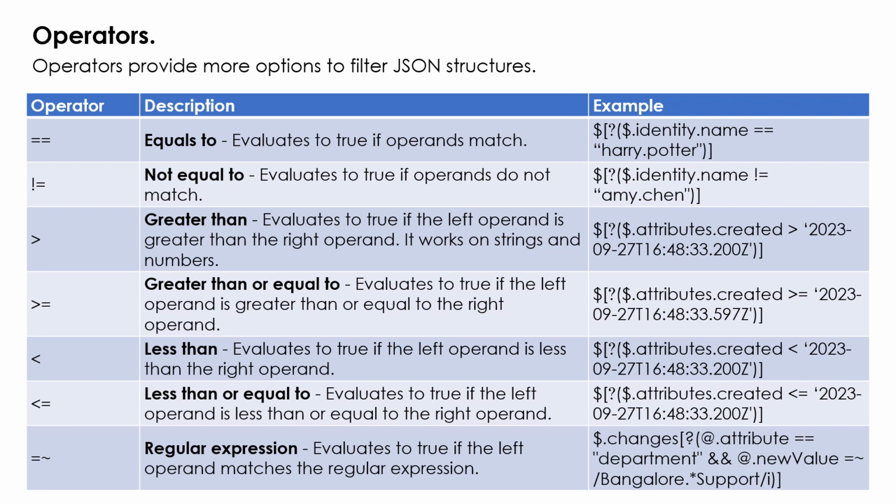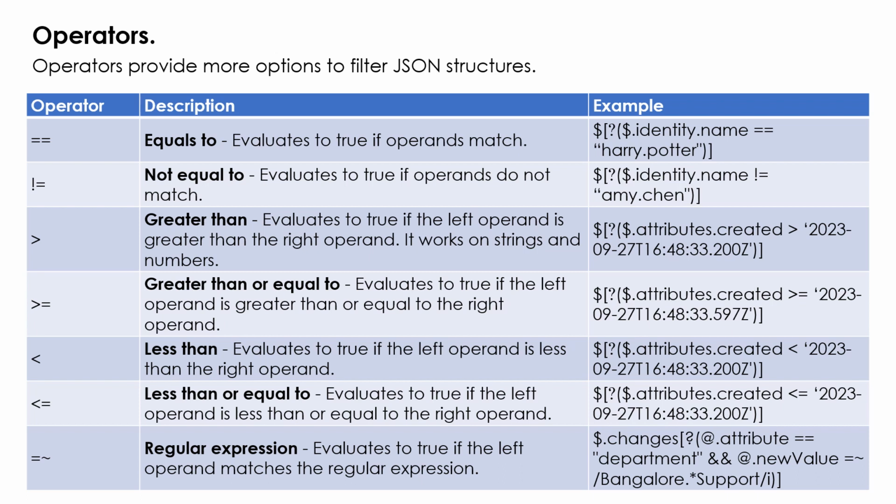Let's understand about the operators and the examples I have used. Some of the important operators I have taken in this slide. Basically, operators provide more options to filter JSON structures. Let's see different types of operators. First one is equal to, which is used for comparing values or conditions within the context of event trigger logic.